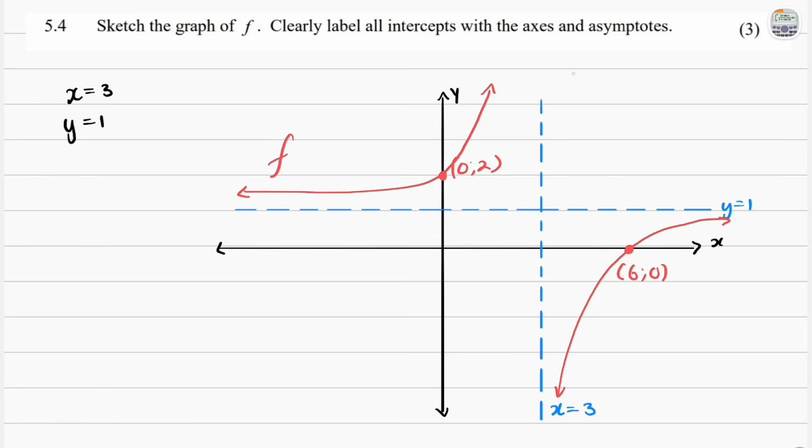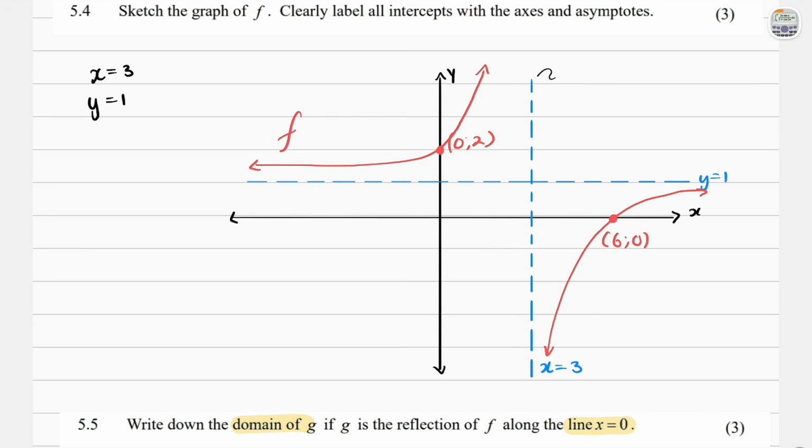So what would this asymptote look like on the reflection? If this graph was reflected in the y-axis, it's not going to be x equals 3 anymore. It's going to be what? Remember, it's a reflection. From the y-axis to this point, we went exactly 3 units to the right.